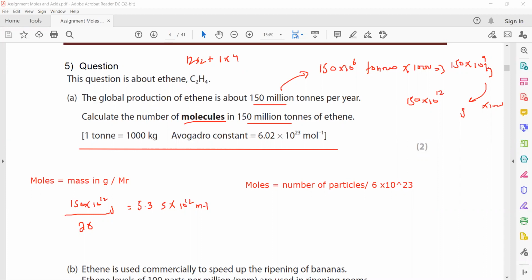The number of particles will be moles multiplied by Avogadro's number. The moles are 5.35 times 10 to the power 12, and Avogadro's number is 6 times 10 to the power 23. We'll get the number of particles as 3.22 times 10 to the power 36 molecules of ethene.